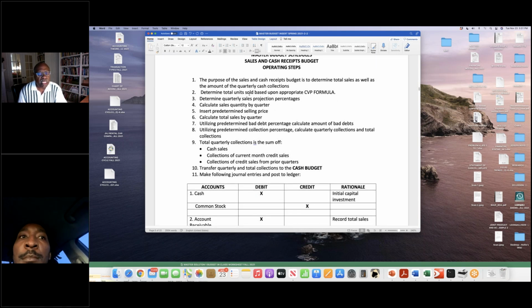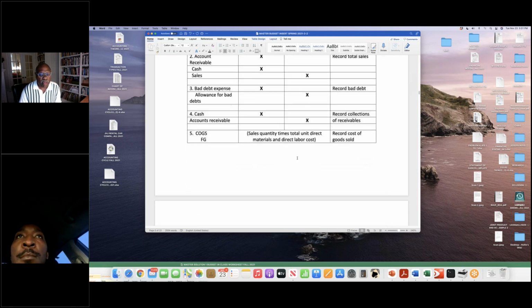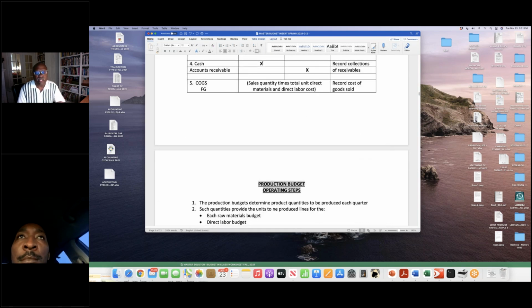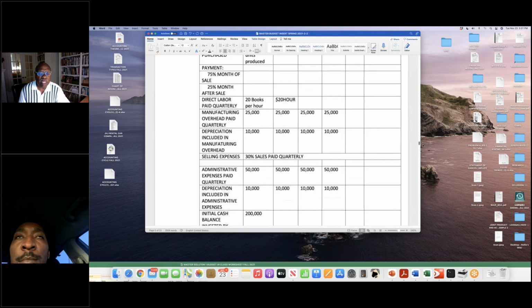Determine the total units that are going to be sold, calculating the sales by quarter, putting in our bad debt, and then looking at how much we're collecting and making these journal entries. So we want to practice on this again today. See where we are in terms of how do we get there.